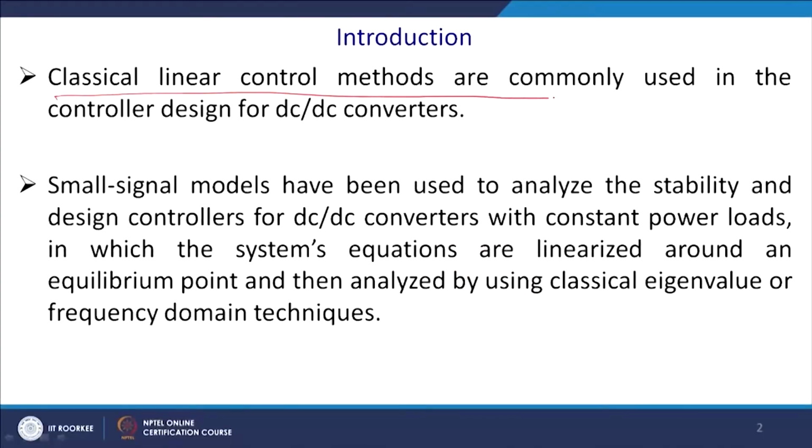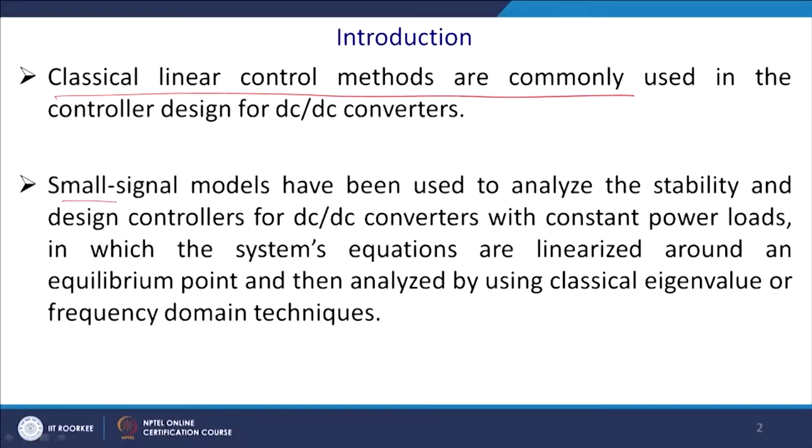The issue is that classical or linear control methods are commonly used for the DC to DC converter design that we are studying for many more days. But with more knowledge of nonlinear control and switching techniques, we have enhanced the stability and other performance of the DC to DC converter with nonlinear control, and this nonlinear control strategy can also be applied to our DC microgrid.